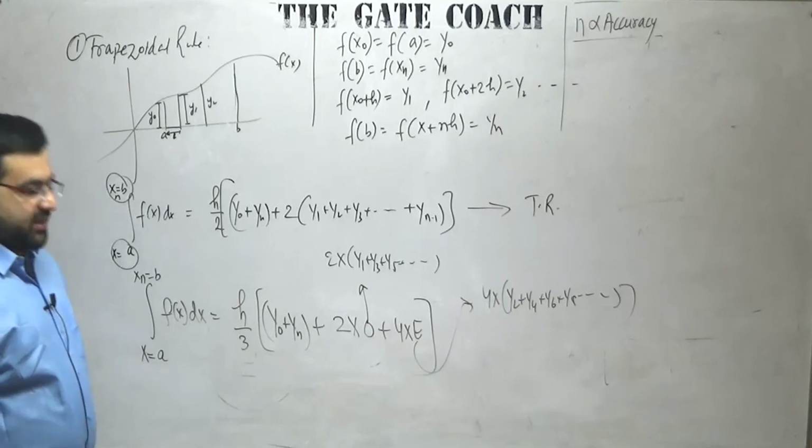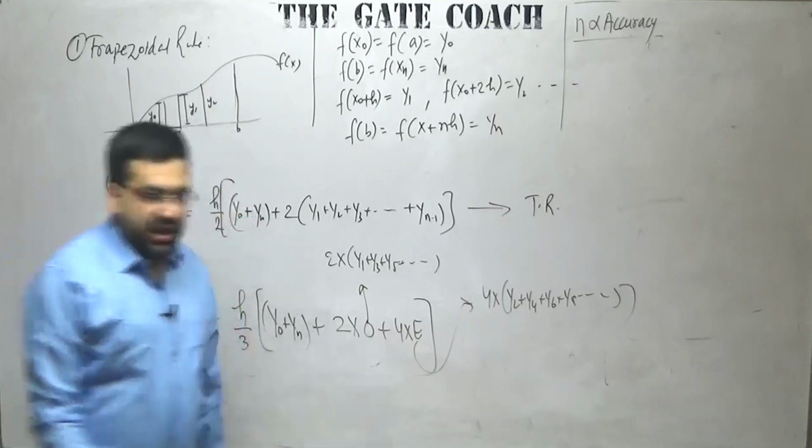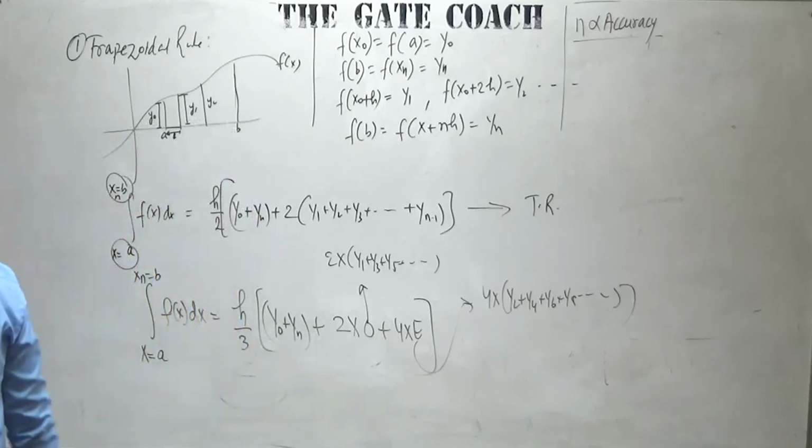Sometimes students make mistakes in examination. Sorry, dear students, there is one mistake. Because I have started with y0, it is 4 times the odd terms plus 2 times the even terms.